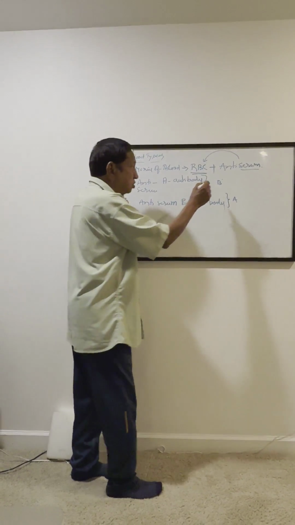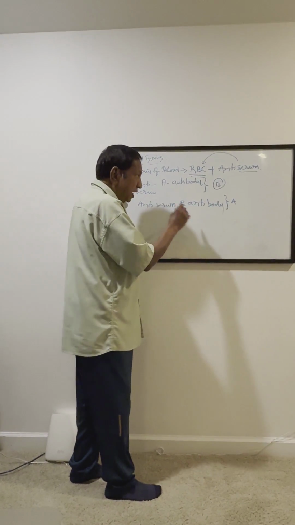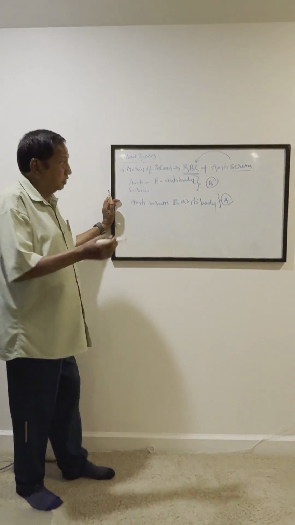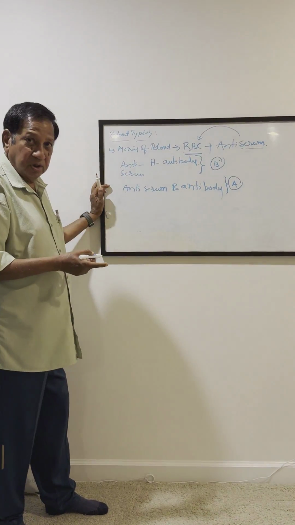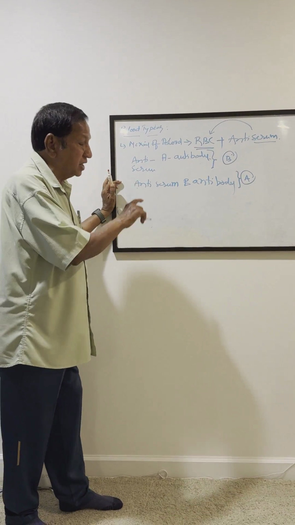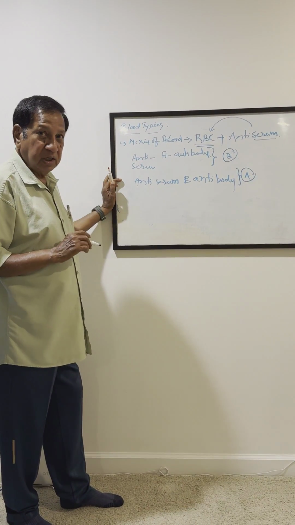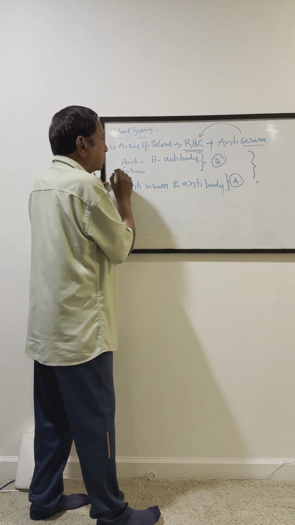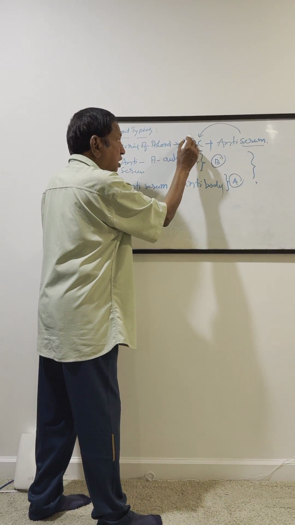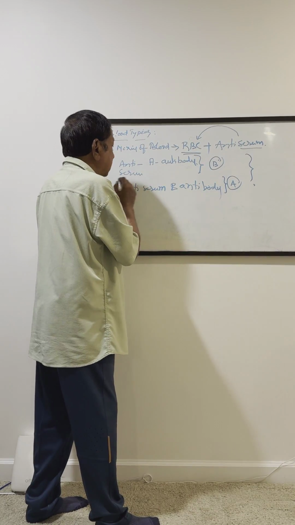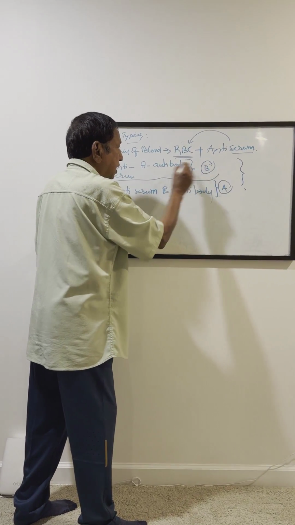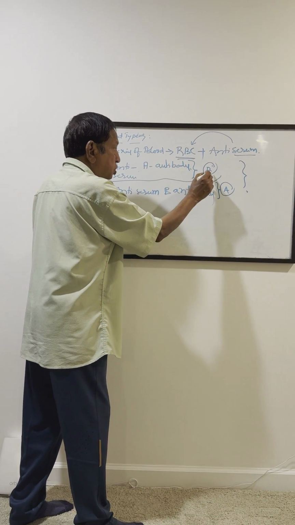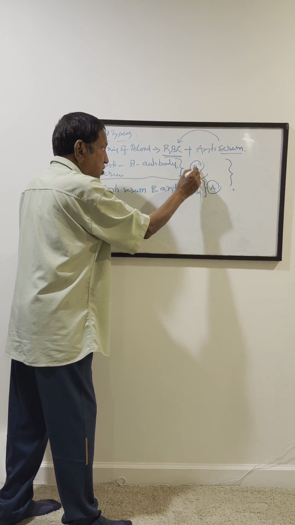So, A is going to match with B, and B is going to match with A. If it is treated with both, antigen and antibody match, and that is going to be the matching point. Now, I start by mixing the RBC of a person with anti-A antibody serum, which contains B.